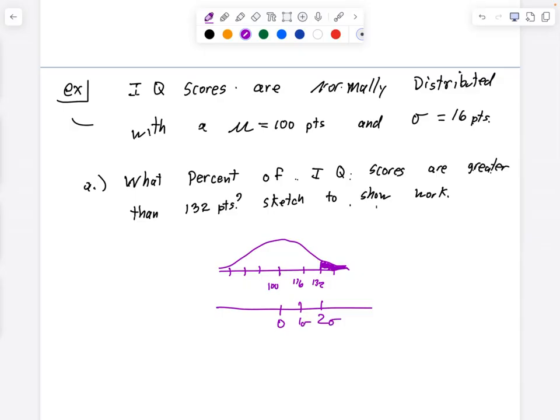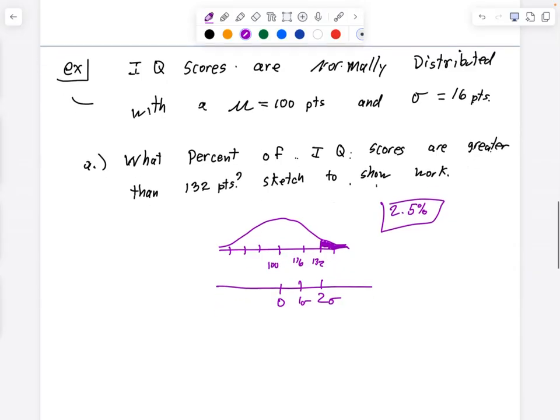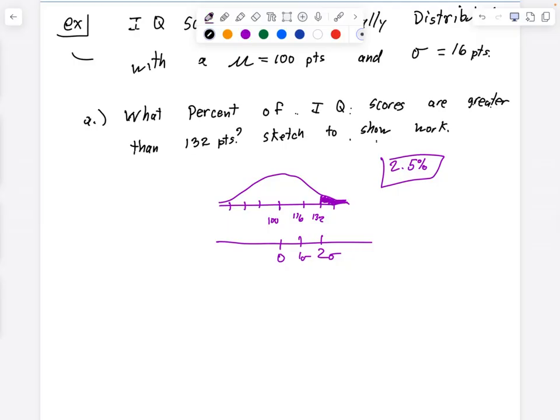So what Tree first has seen is this. He knows that here's 100. Here's 84, which is -1 standard deviation. Then 1, 2, and here's 116, 132, and 148, which is 3 standard deviations.